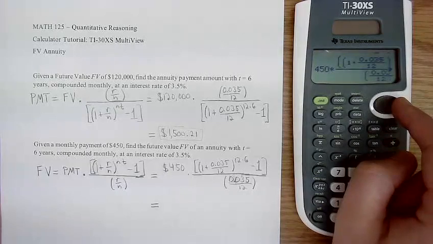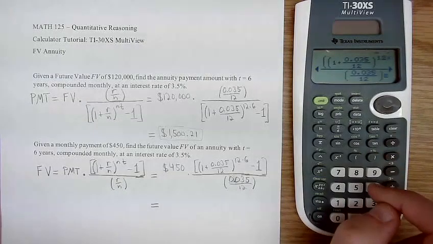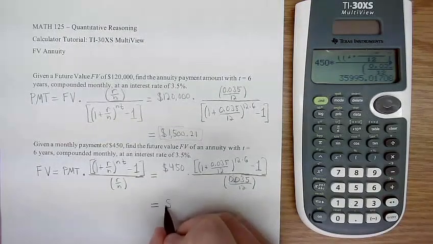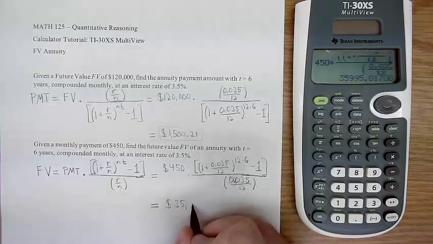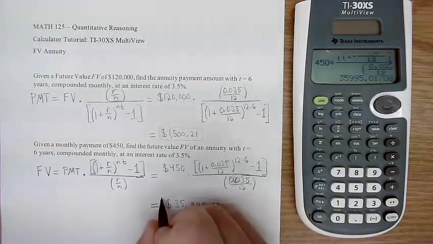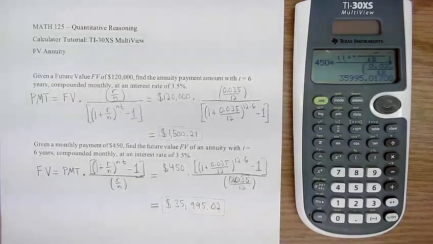I need to leave the fraction, so I hit the right arrow, and I'll put in my right parenthesis. And now with all of that, I'm done, so I can go ahead and hit enter. And I get a future value of $35,995.02. All right, thanks for watching.